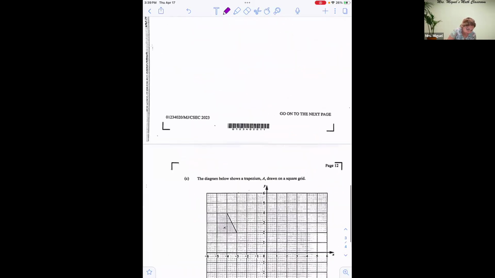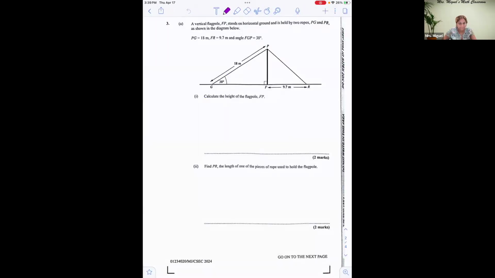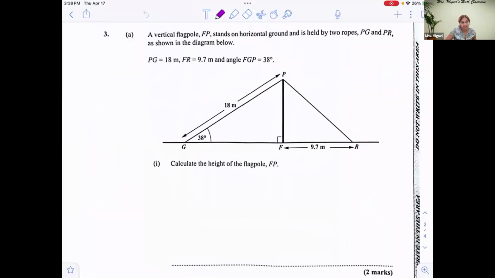All right, so we move it along. A vertical flagpole stands on horizontal ground and is held by 2 ropes, PG and PR, as shown in the diagram. Calculate the height of the flagpole FP.